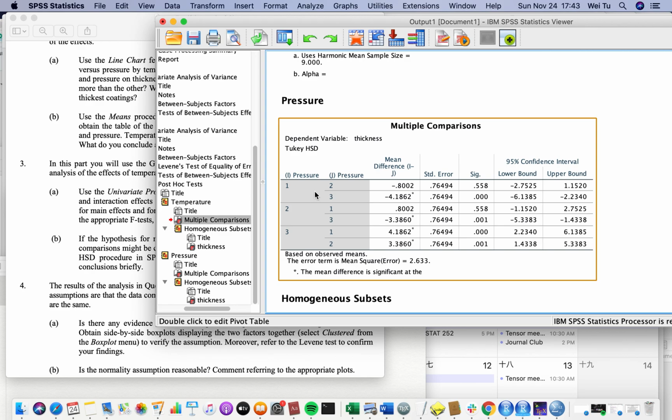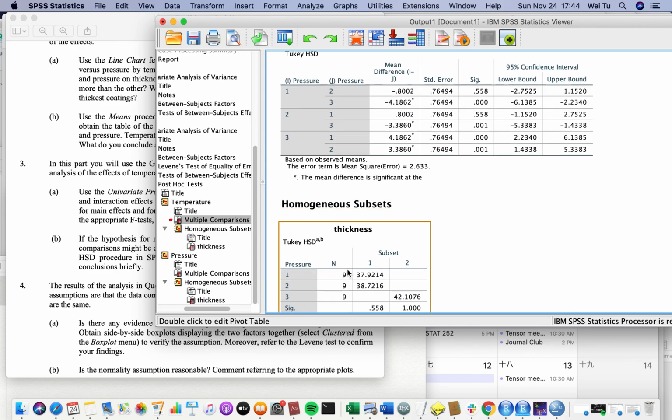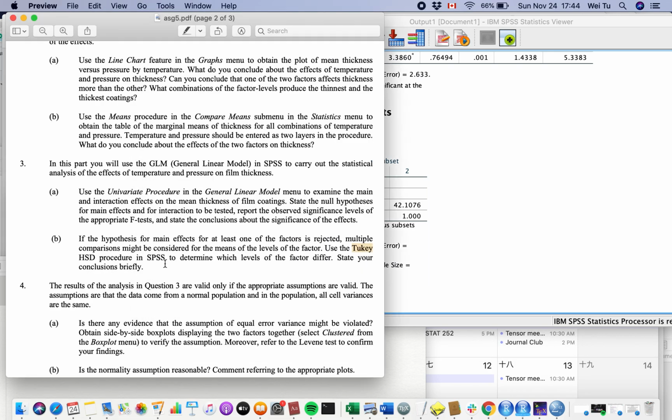Sorry, I think that's a redundant thing. Statistically different, yeah. Significantly different, better. But we see a small p-value, which means 1 and 3 are significantly different. Okay. Yeah. So just report your conclusions here.